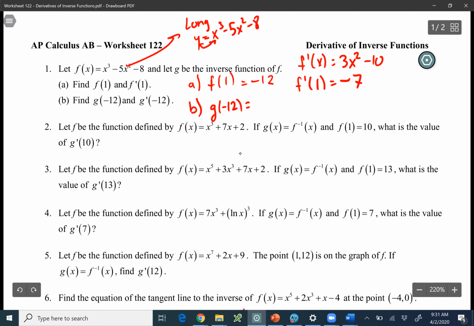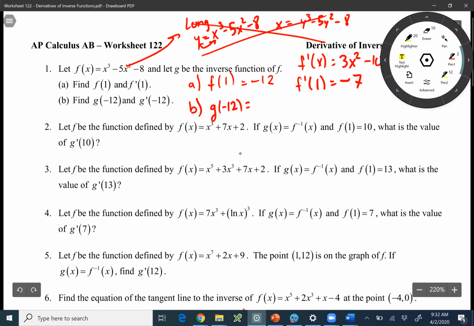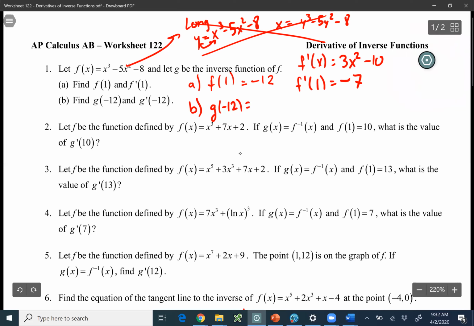Switch these two, and so we have x equals y cubed minus 5y squared minus 8, and solve for y, which looks very difficult because I have a y cubed and a y squared, and it would be really hard to do that. But we're not going to ever have to do that, because what we need to remember is, hey, if I know that f of 1 is negative 12, then I know g just is backwards. So g of negative 12 gives us back 1. It just gives us back that answer.